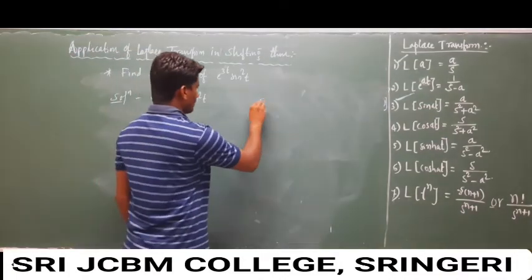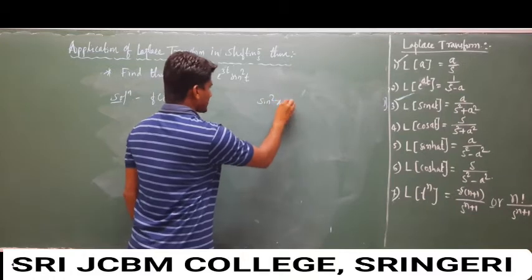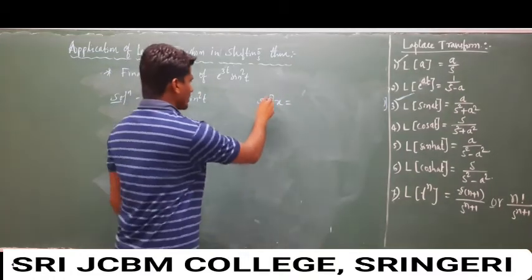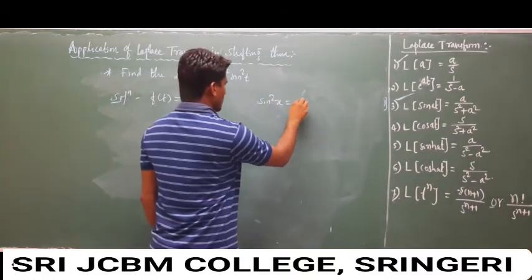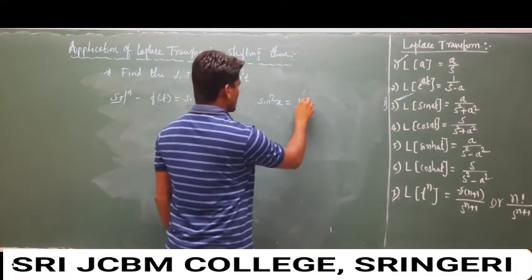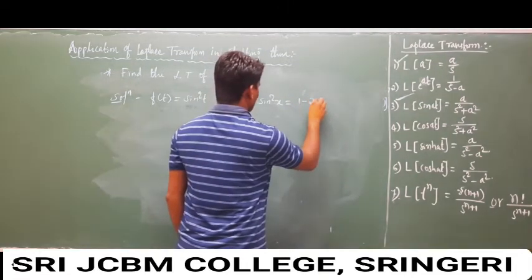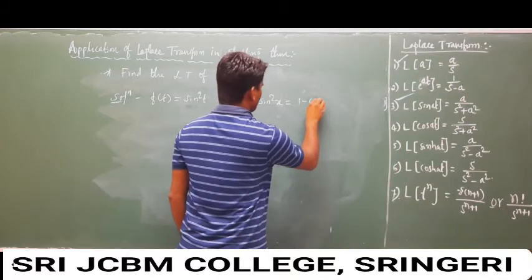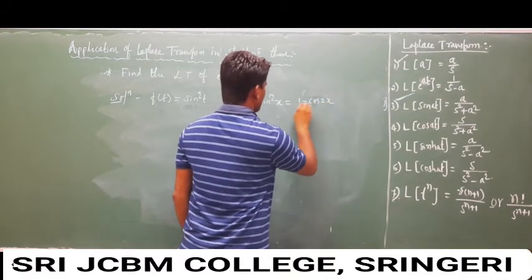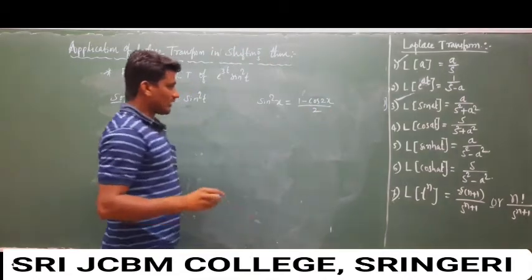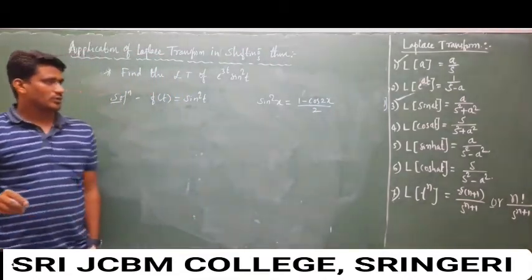Sin square x can be written as 1 minus cos 2x over 2.